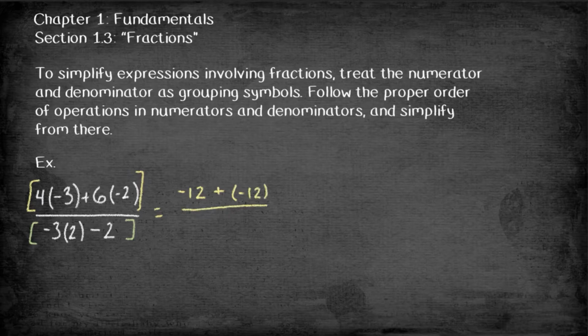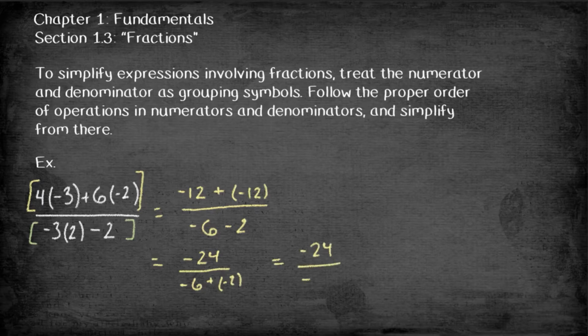And then downstairs, we have -3 times 2, which is -6, minus 2. Simplifying again gives us -24 upstairs, and -6 plus -2 downstairs. So we have negative 24 over negative 8, which reduces to 3.